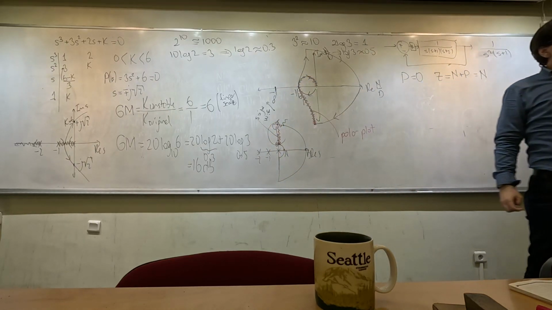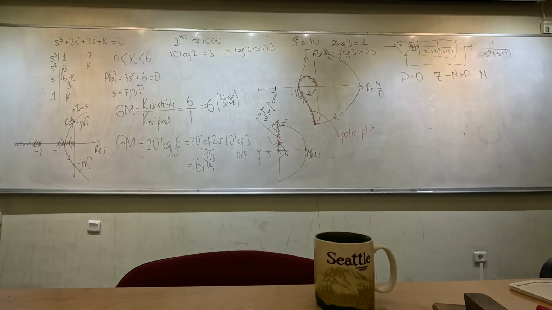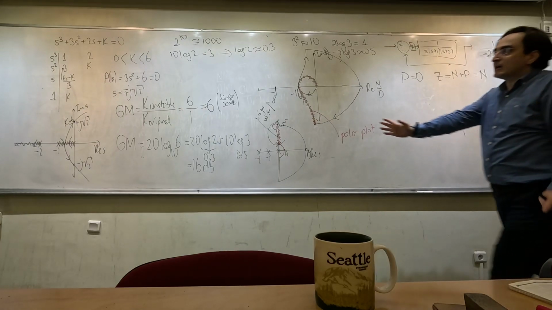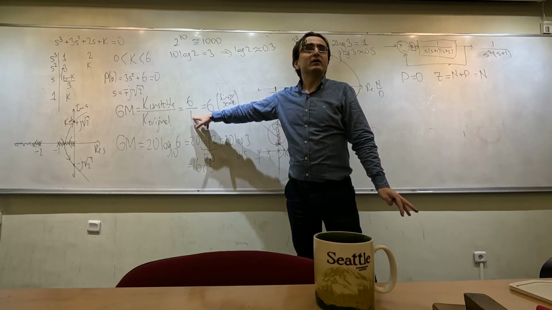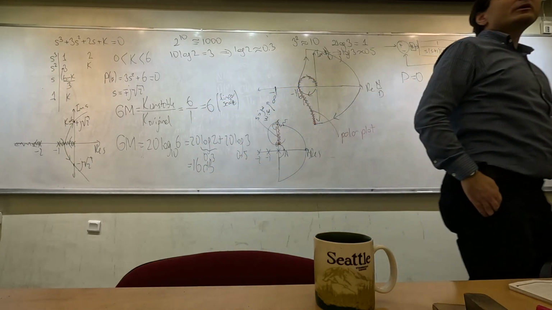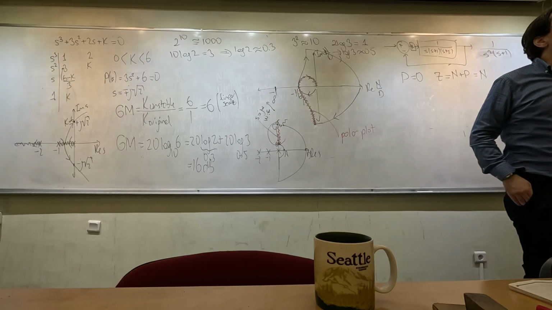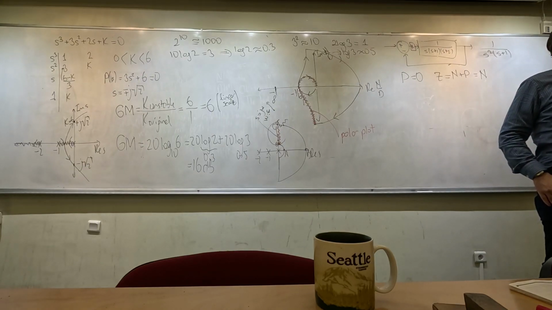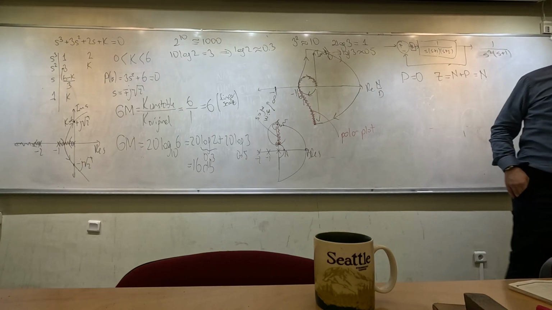Then I will ask you the following question. At which scaling are we going to start encircling the point minus 1? It is exactly the same thing that we are finding. And in order to be able to find that, which point should I concentrate on?